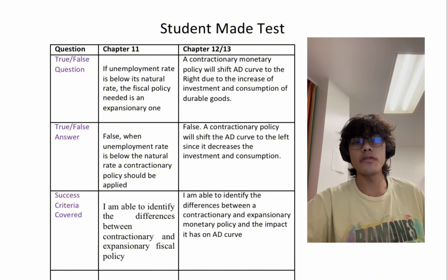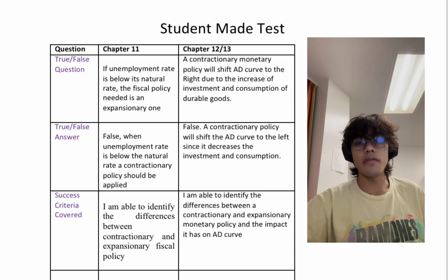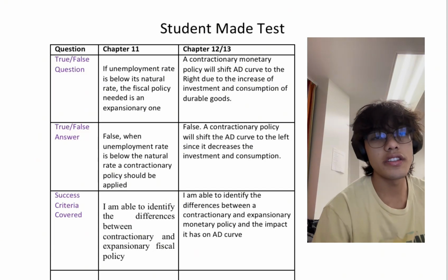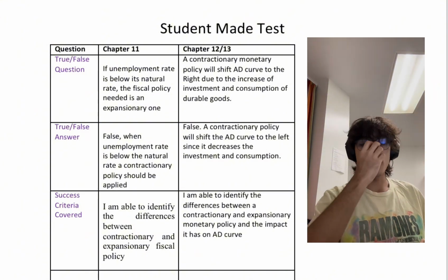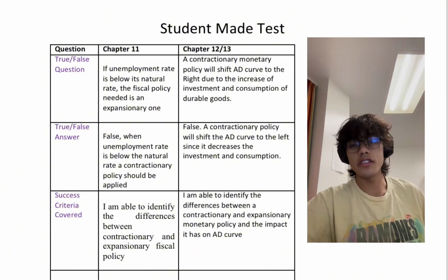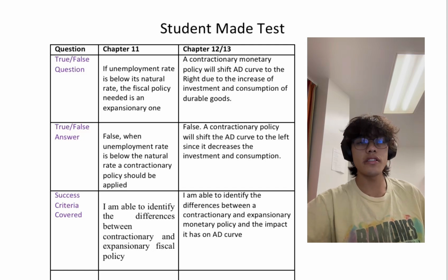Of course, it's false, because a contractionary policy is needed when the unemployment rate is below the natural rate. If you're able to answer it correctly, you can identify the difference between contractionary and expansionary fiscal policies.